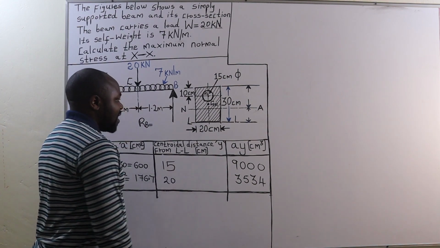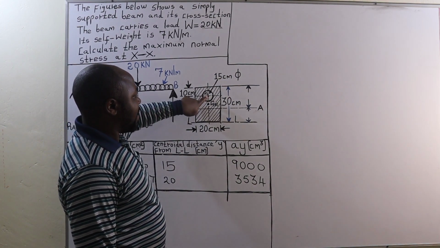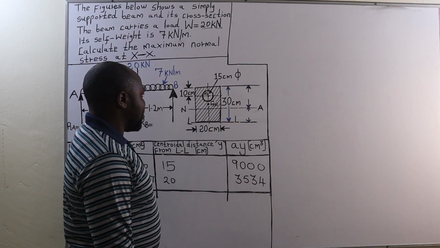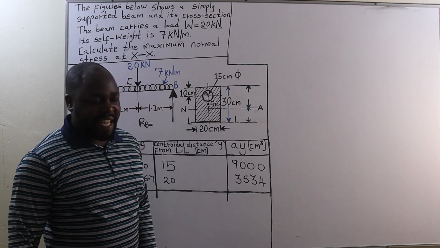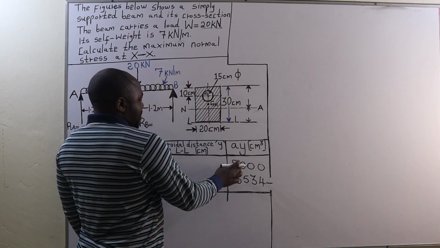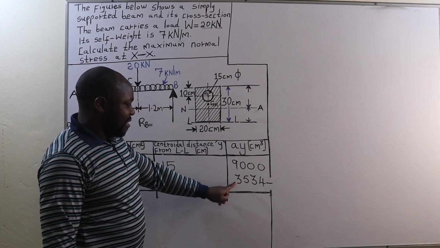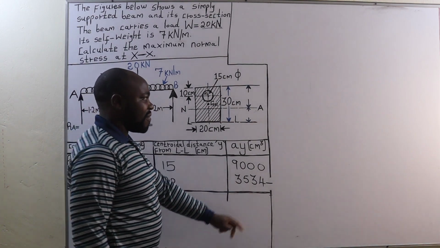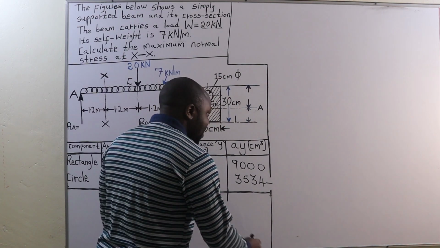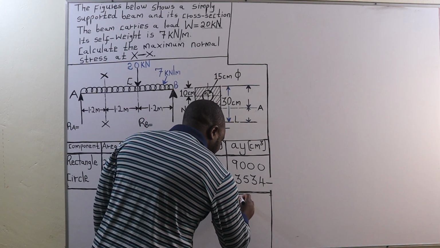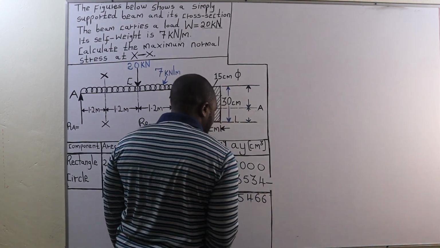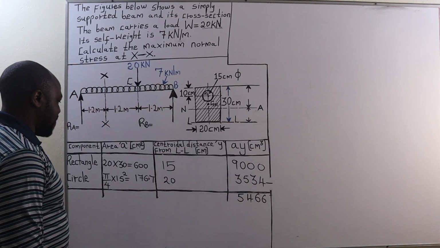Now, since this is a hole, we are going to subtract AY for the circular section from AY for the rectangular section. When you subtract 9,000 minus 3,534, that's going to give us 5,466 centimeters raised to the power of 3.